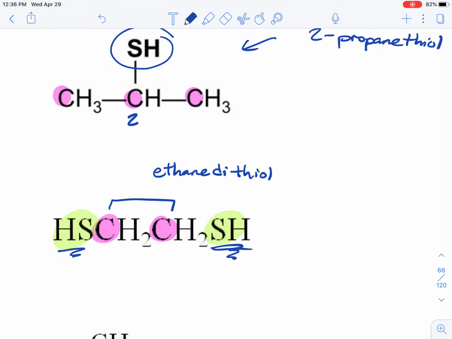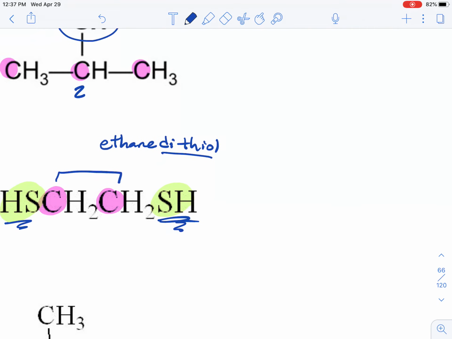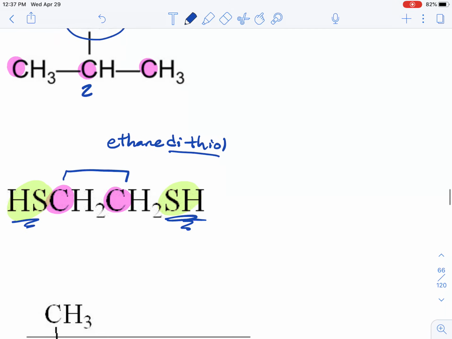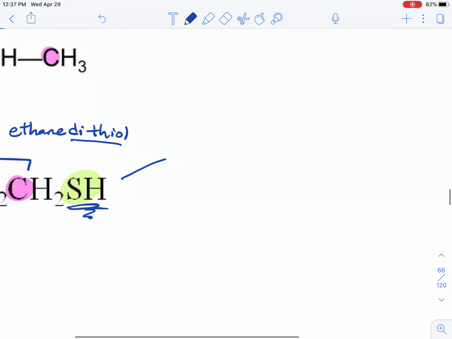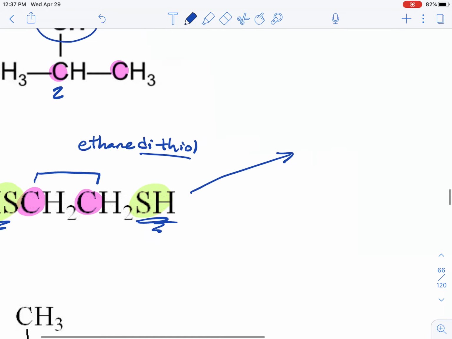And so for this ethane dithiol, if you have 2 thiols, there's actually 2 ways for you to put those sulfhydryl groups on this 2-carbon compound. And so I'm just going to go ahead and draw the skeletal structure.